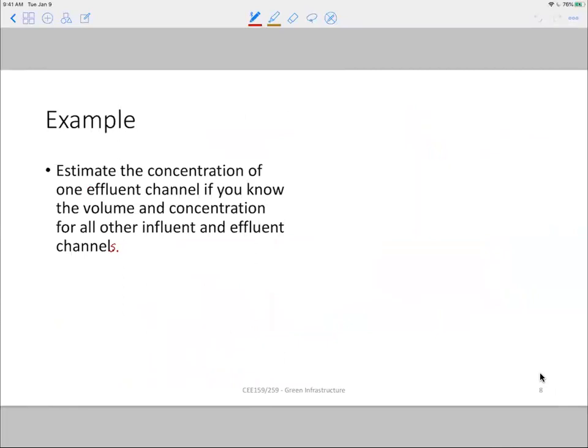For instance, here is an example where we estimate the concentration of one effluent channel in a system. Let's say there are multiple streams coming in: Q1, C1, then Q2, C2, so another one coming in, Q3, C3. And then there are two going out of the system in this mixture.